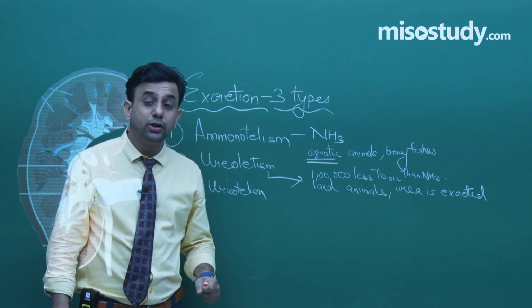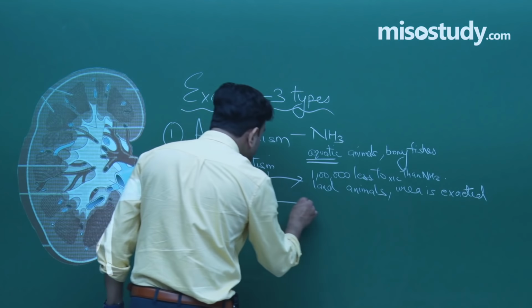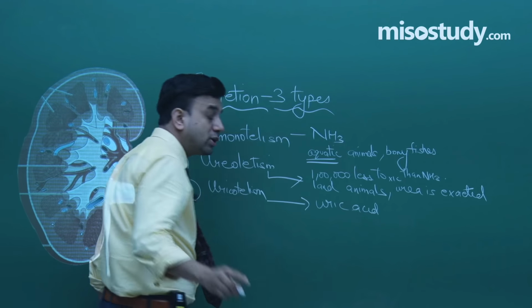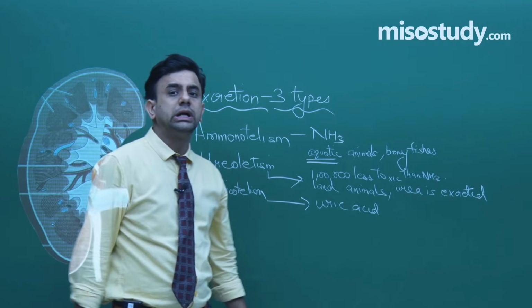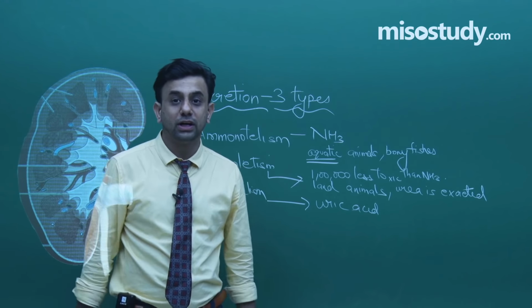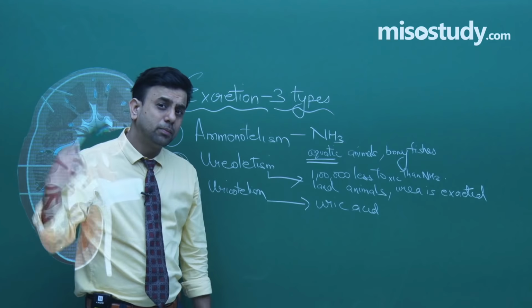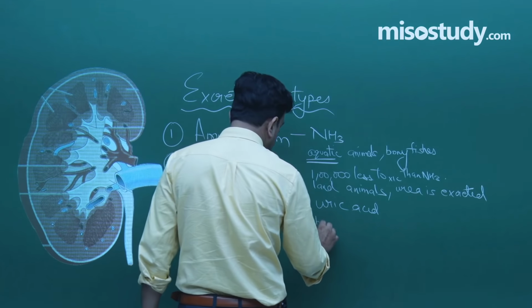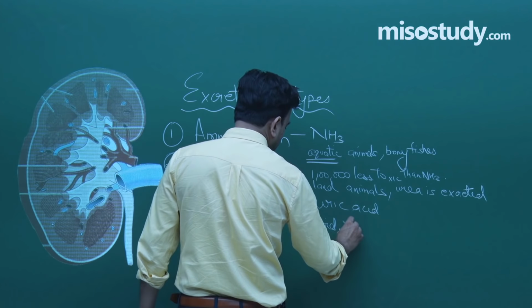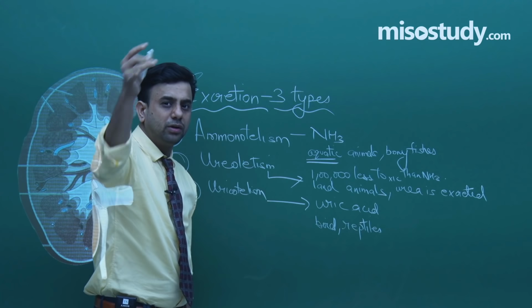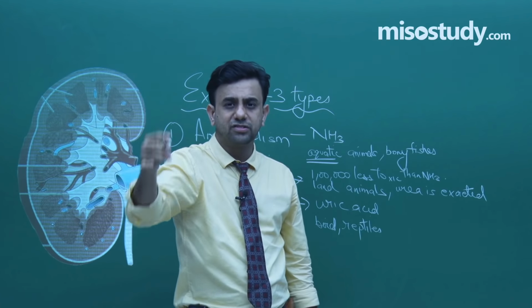Now, we will talk about uricotelism, where uric acid is given out. Again, uric acid is absolutely insoluble in water. Yes, the bird droppings which fall on you, guano they call it, and the reptiles, the lizards and all, they walk on the floor, and you can see the droppings of those reptiles.